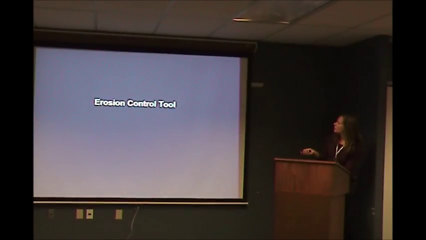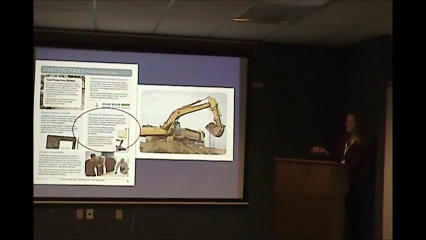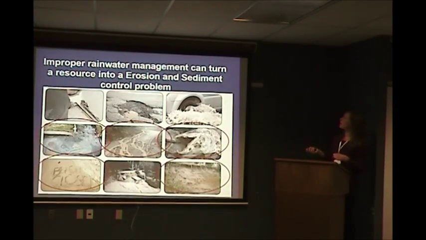I'm going to also talk about the erosion control tool a bit. I think of it as the ugly twin sister to soil conservation. It's what happens when we inappropriately manage our soils and rainwater. It can turn that resource, that beautiful topsoil that provides all those functions, into an erosion and sediment control problem, which of course can create a surge of pollutants.